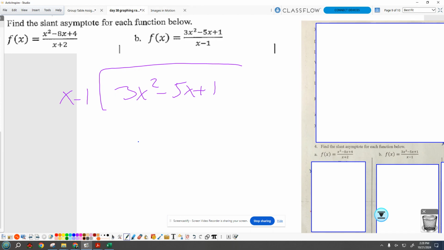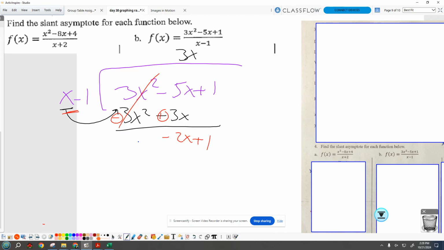Maya, first step, what do I do? How many times does 3x squared divide evenly by x? 3x times. 3x times x? 3x times negative 1. And then Lorenzo, I'm going to clearly show that I'm changing the signs and adding down. Those go away. Then negative 2x plus 1.